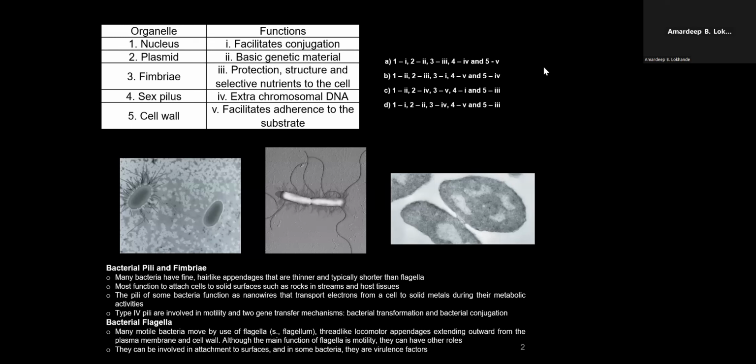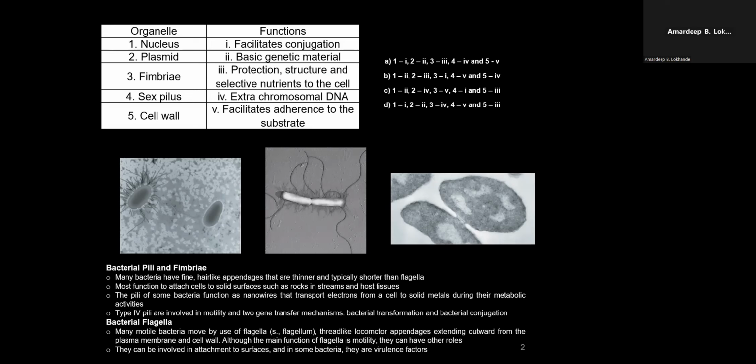Plasmid is an extra chromosomal DNA which is present along with the nuclear material, but it doesn't always integrate into it. It is separately present and it has its own replication machinery. And we also know that plasmid is an extremely important tool which is used in cloning.